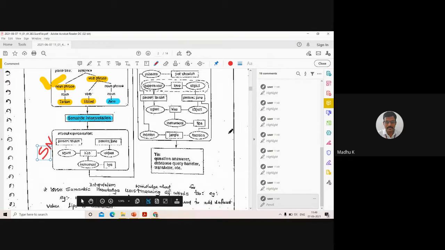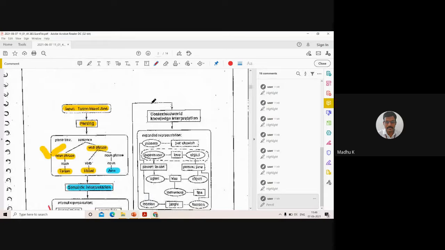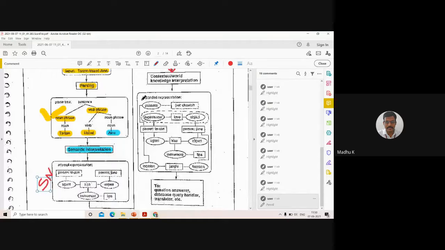Next step, we will apply this local internal representation to the next level, the third stage. In the third stage, we will expand this knowledge by adding general knowledge about the world. This is just an example of the expanded representation format.